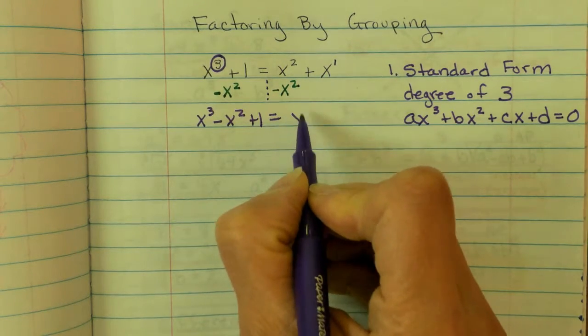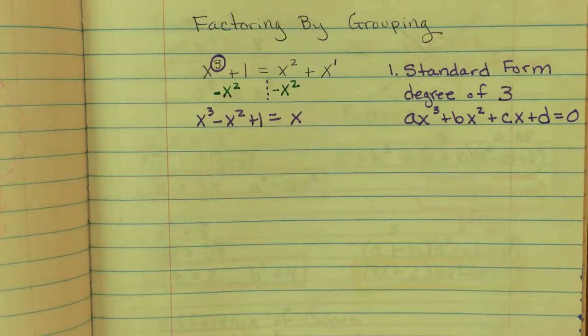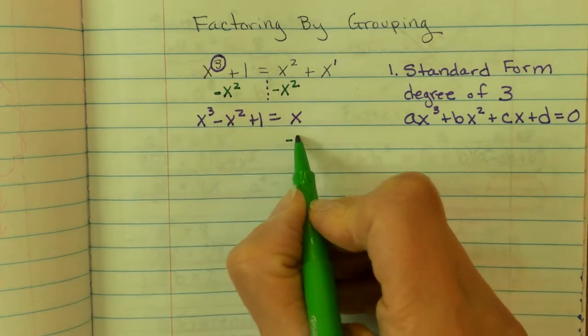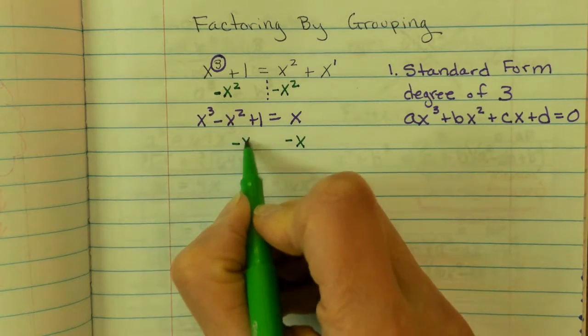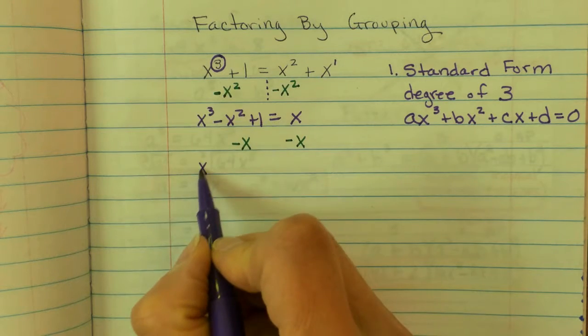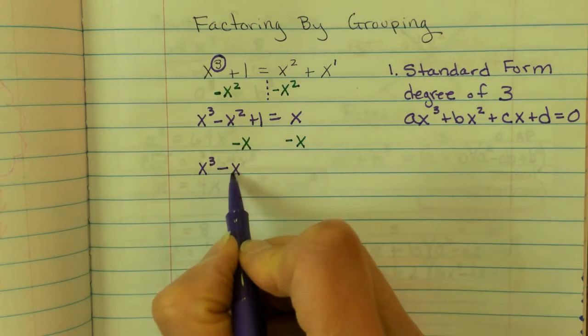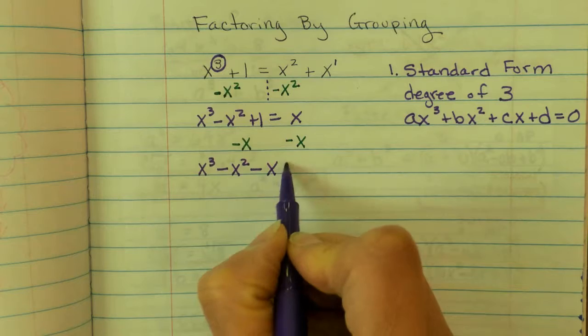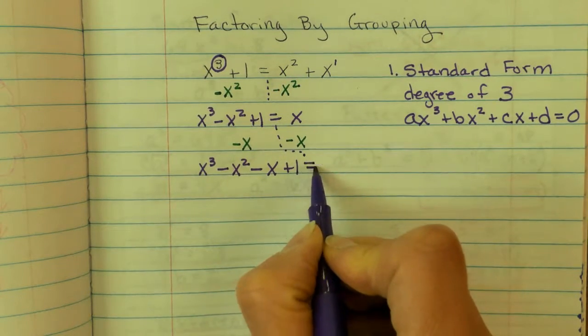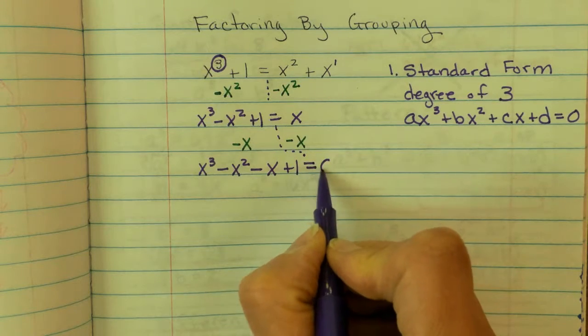I'm left with x on the other side. I need to move this x over, so I'm going to subtract x from both sides, and that leaves me with x cubed minus x squared minus x plus 1. Do not lose track of that equal sign. x minus x is 0.